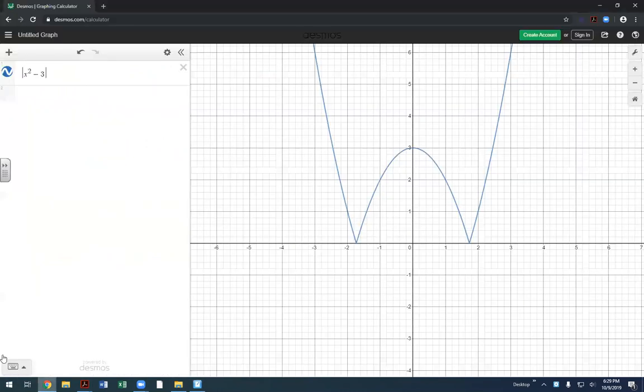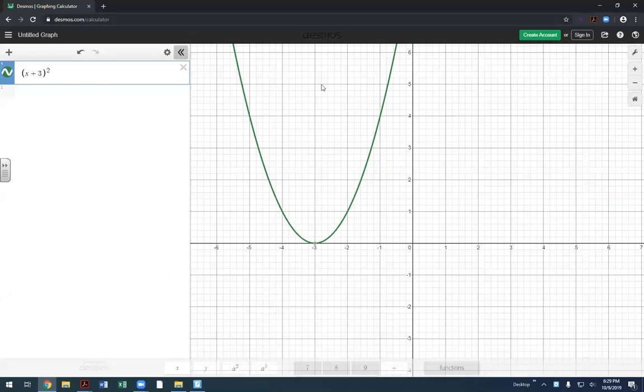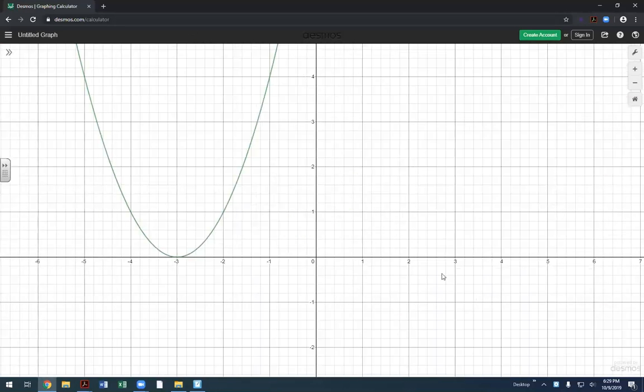Let's see what the graph for this says. You can write the other version also, but I'm just keeping it to the original. So what are we noticing here? Kind of.